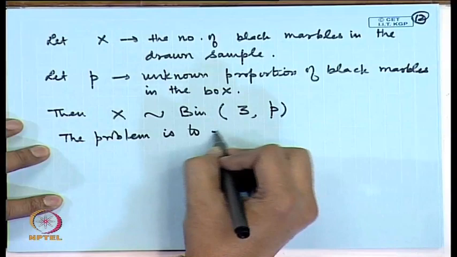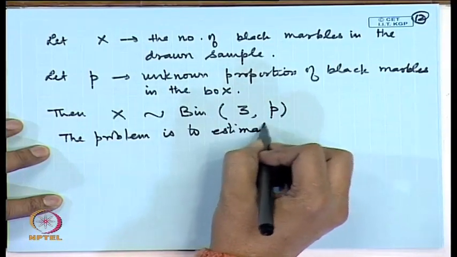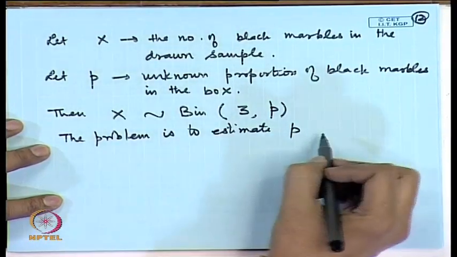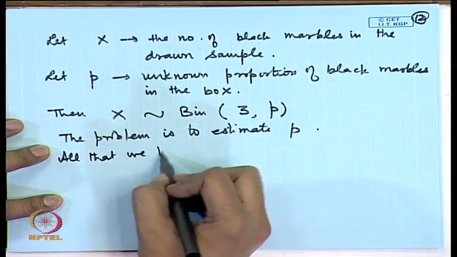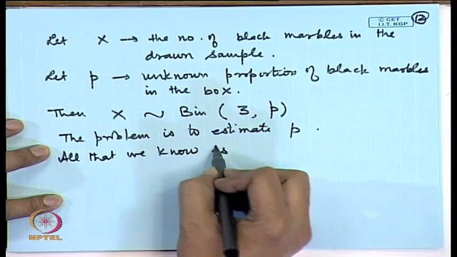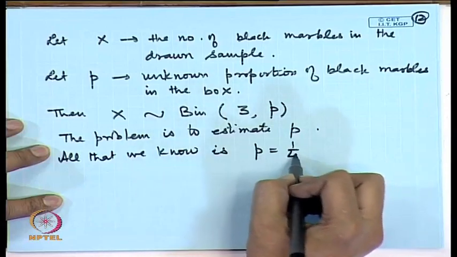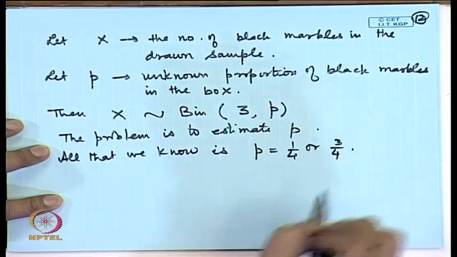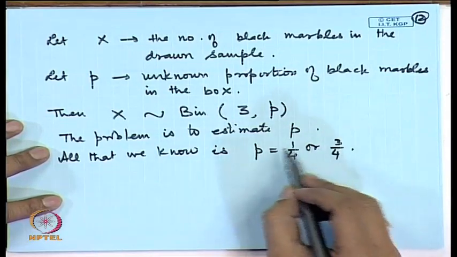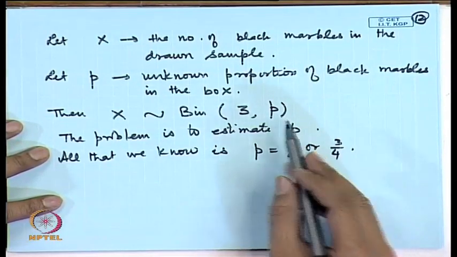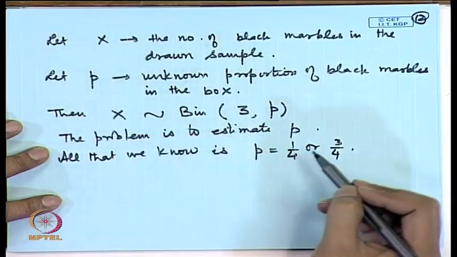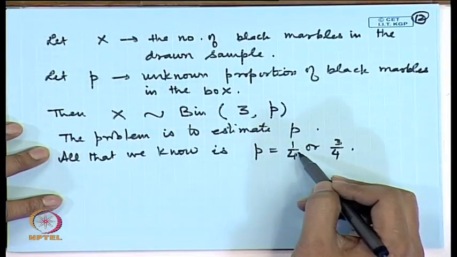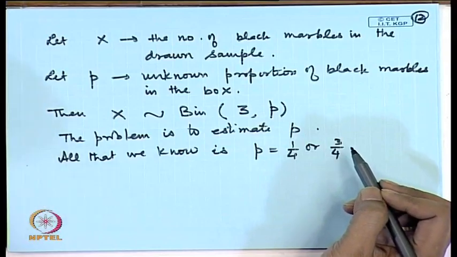and the problem is to estimate p. All that we know is that p is 1 by 4 or 3 by 4. So, partial information is available, but we do not know exactly. So, on the basis of my reported x, that means, on the basis of my sample, we should take a decision whether p should be 1 by 4 or 3 by 4.